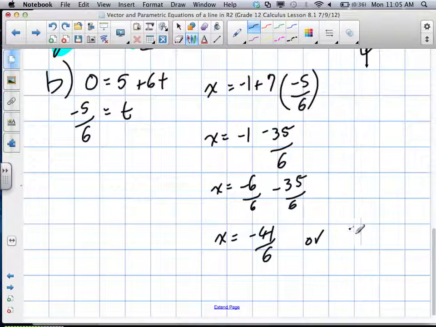Or what is that? 7 and 5/6? Is that right? Yeah. Negative 6 and 5/6. Oh, sorry. You're right. It is 6.